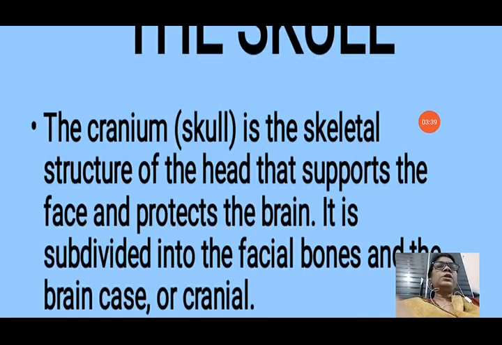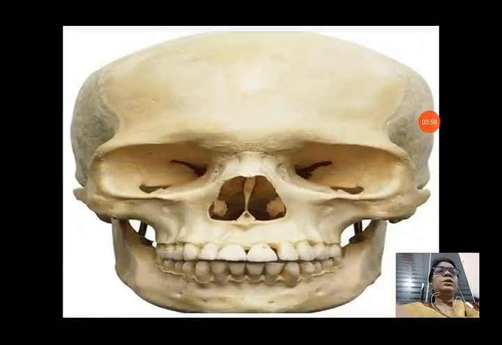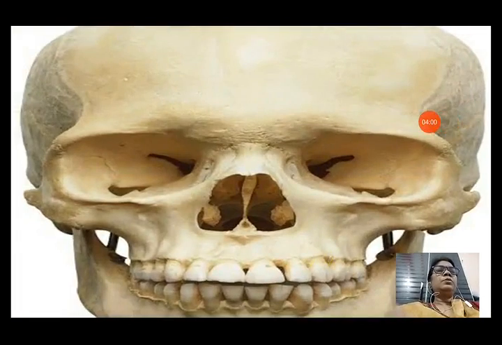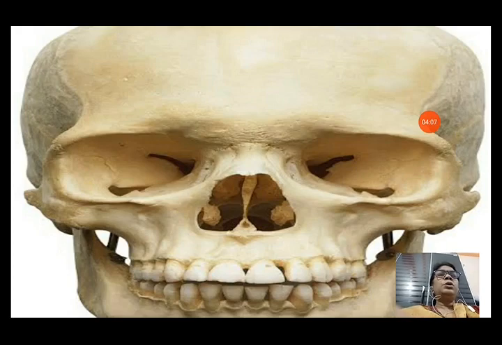Cranial bones number 8. The total number of bones in the skull is 22, with 8 cranial, and the remaining 14 are facial bones that make the facial structure. You can see the picture of the skull here. There are 2 sockets for your eyes, one for the nose, one for the mouth, and holes for the ears also.